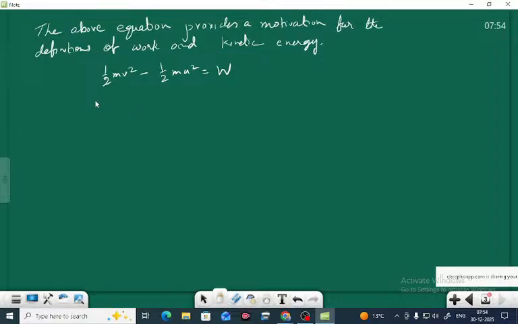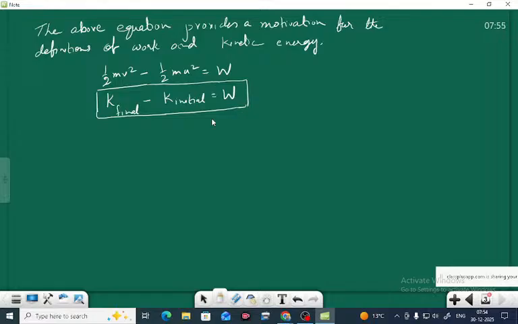Or you can write in another way, the kinetic energy final minus kinetic energy initial is equal to the work done. This is the work energy theorem. The change in kinetic energy is equal to work done.